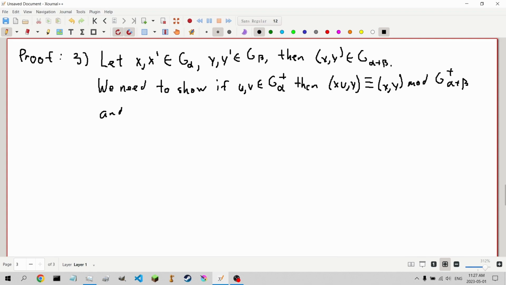And we need to show basically the same construction on the other side. This is also xy mod G positive alpha plus beta.